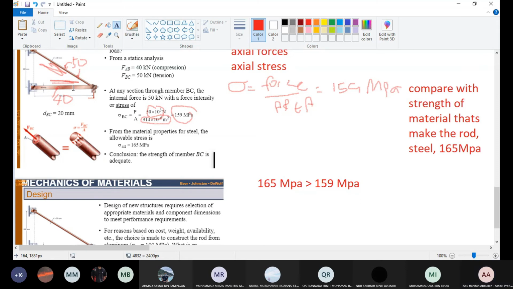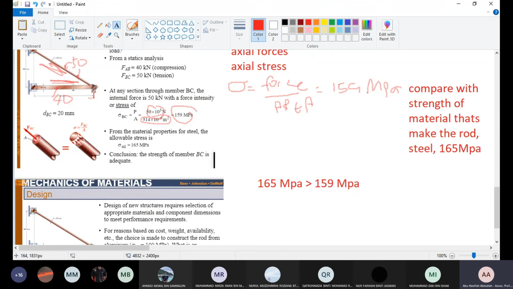So whatever we do in stress analysis, this is what you need to do. This is what the stress analysis is all about. To determine the stresses from the load applied to the structure: from the force, determine the stress, from the stress you compare to the material, and you determine what stress the material can carry.